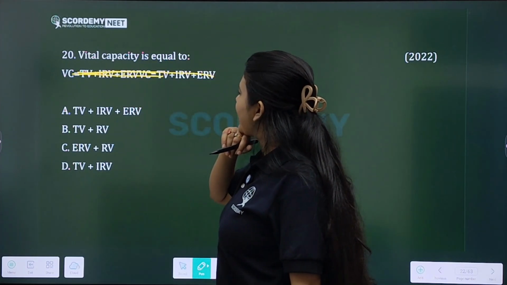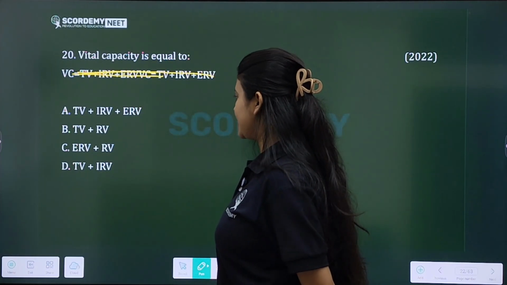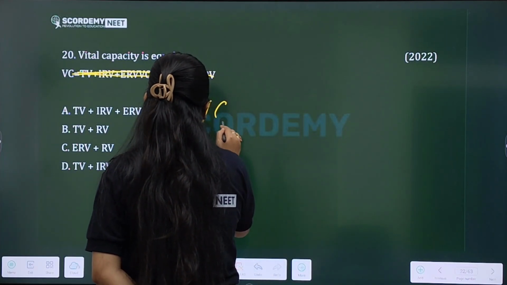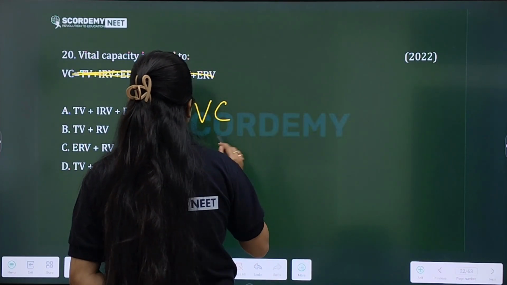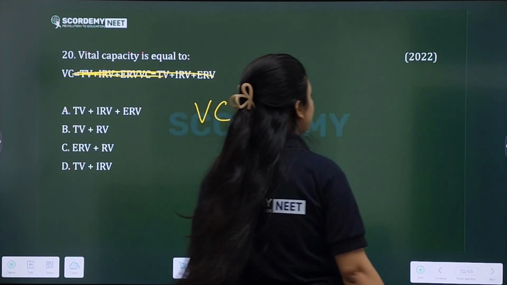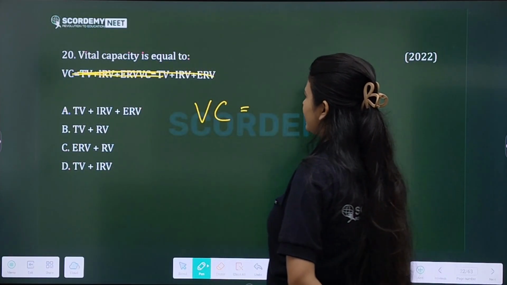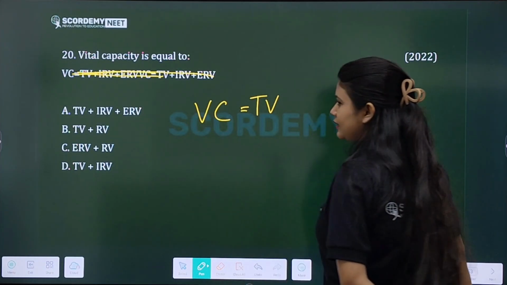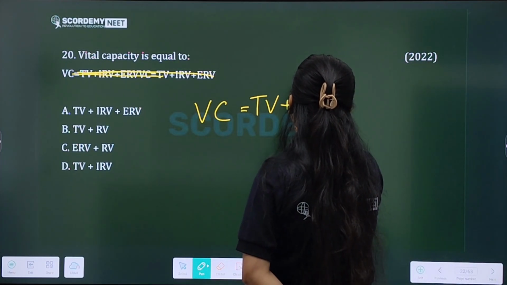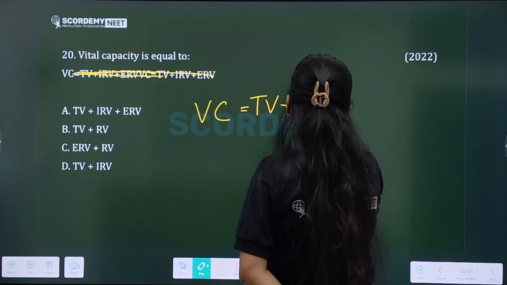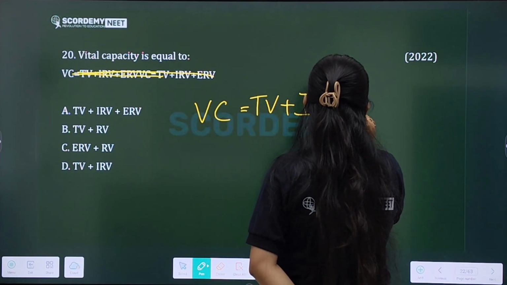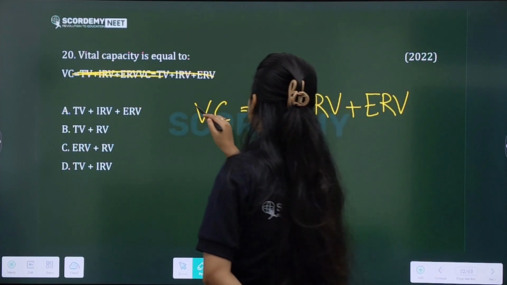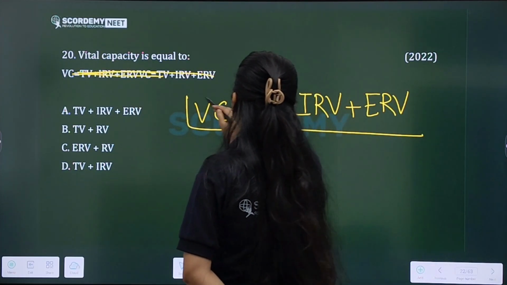Vital capacity, in short written as VC, is equal to tidal volume plus inspiratory reserve volume plus expiratory reserve volume. So this is the correct answer.